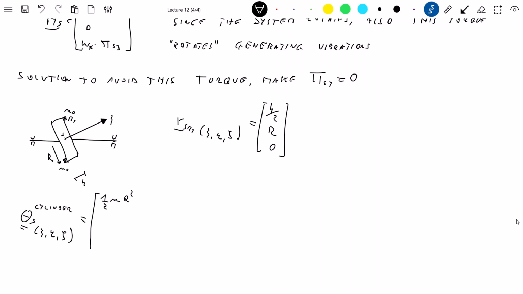We have 1 over 2 m r squared, then 0, 0, then 1 over 4 m r squared plus 1 over 12 m h squared, then 0, 0, and here 1 over 4 m r squared plus 1 over 12 m h squared.